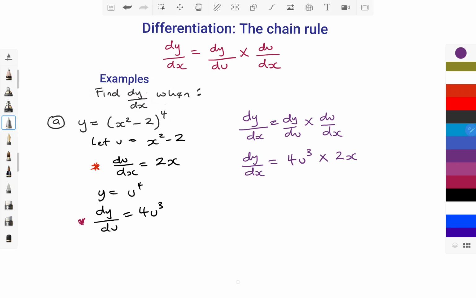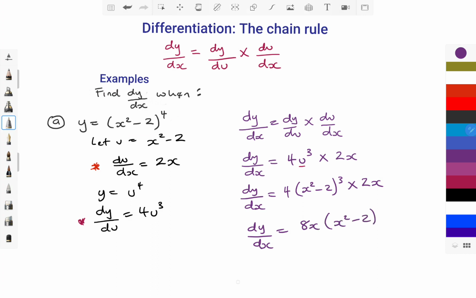If you replace the u with x squared minus 2, we're going to have dy/dx equals 4(x squared minus 2) to the power of 3 times 2x. And if we simplify, we're going to have dy/dx equals 8x(x squared minus 2) to the power of 3. Let's try out another example.